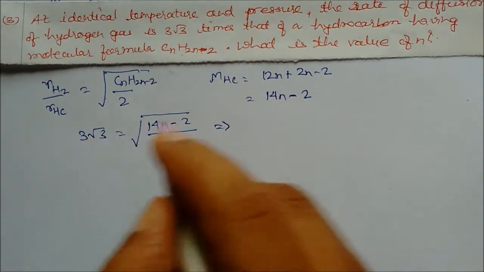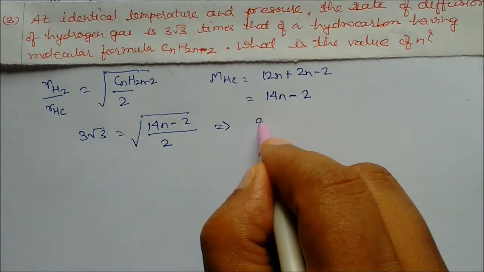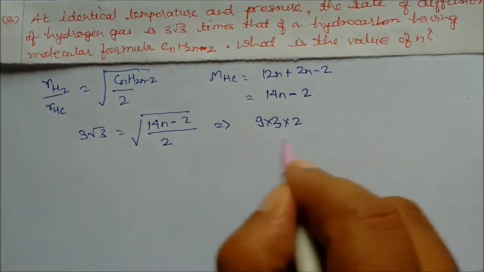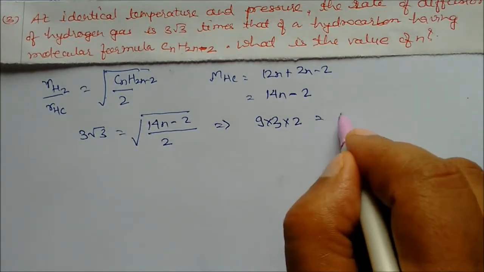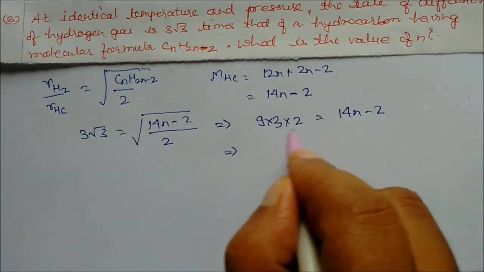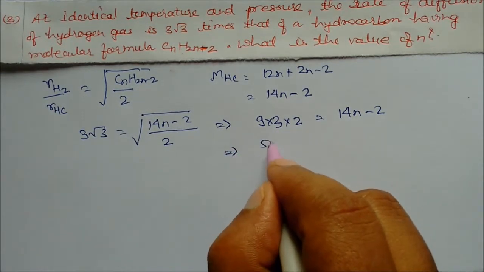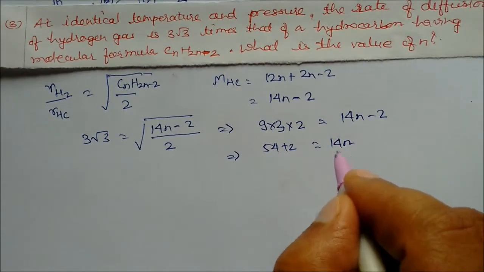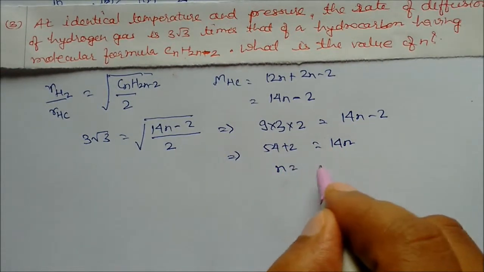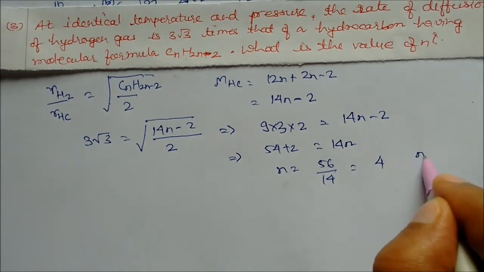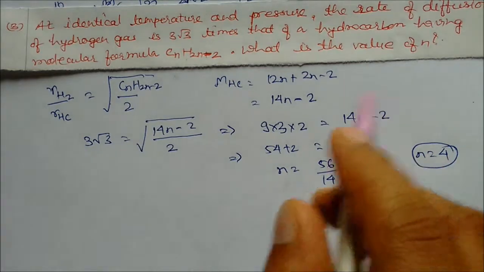If you square it, this becomes 3 into 2, that is 3 into 2 equal to 14n minus 2. Solving it, this becomes 54 plus 2 equal to 14n, so n equals 56 by 14, which is 4. So n equals 4. So that is the value of n.